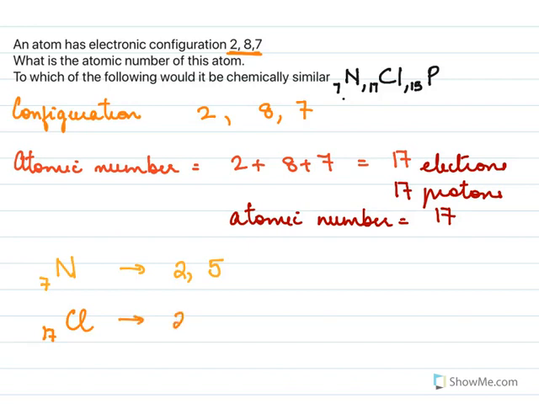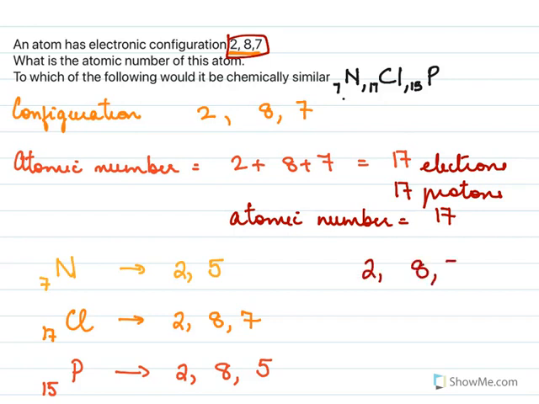So configuration 2, 8, 7. And then we have phosphorus, 15. So configuration of this, 2, 8, 5. And the element that we know is 2, 8, 7. This is the element which is given to us.